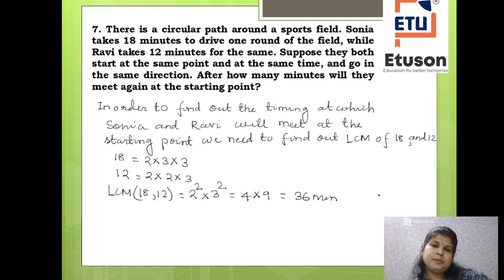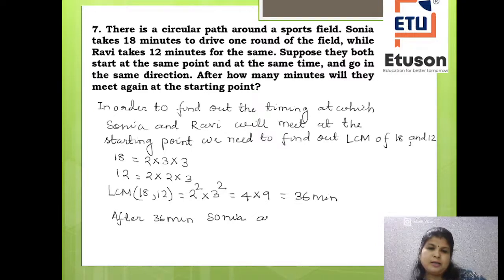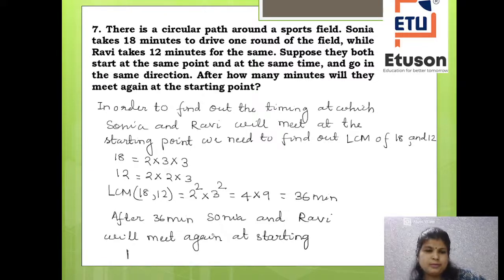So after 36 minutes, Sonia and Ravi will meet again at the starting point. Correct? It is very easy, isn't it?